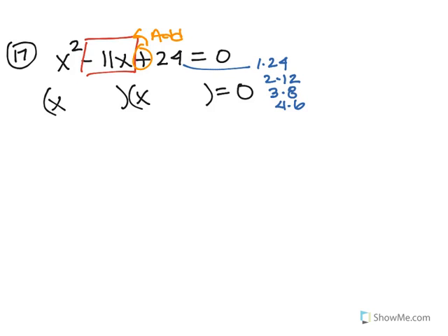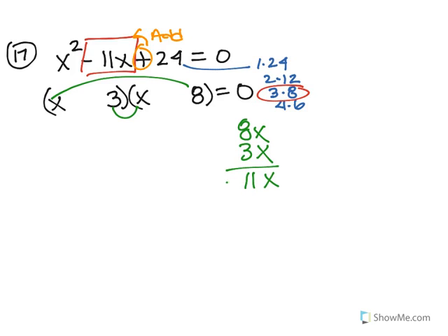And then the one that's going to add up to an 11 is 3 and 8. So we're going to put 3 and 8 at the back, and you're going to do outside, inside. 8x and 3x will give me an 11, but my 11 is negative, so we got to make sure that everyone, since we're adding, is negative.